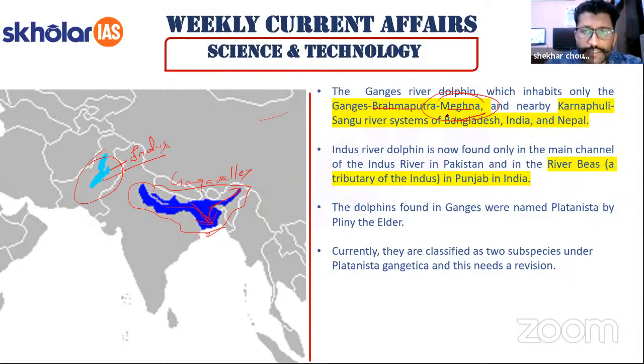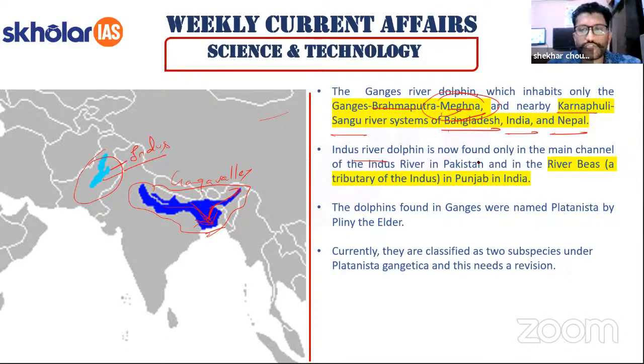Please pardon me. It is one of the Brahmaputra's tributaries which enters Bangladesh, and nearby are the Karnafuli and Sangu river systems of Bangladesh. Over here there is one more river, Karnafuli, and the river systems that connect it are found, the tributaries and distributaries all together in Bangladesh, India, and Nepal.